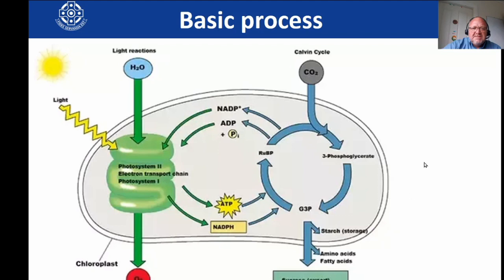So basically, sunlight comes in, hits the chlorophyll in our thylakoid, which makes up the grana. That then releases some products, usually in the form of NADPH and ATP. That then goes into our light independent cycle, which is called the Calvin cycle, and this is where we create glucose as a product.